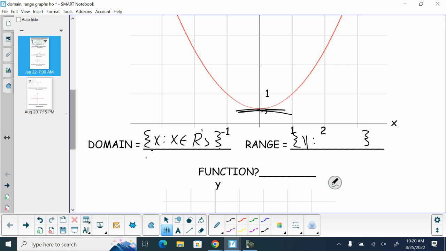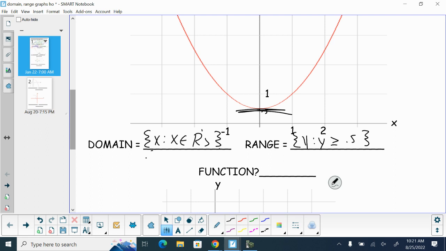Y starts here at 0.5. Then what? There you go. Such that y is greater than, and you know, is it 0.5, is it 0.49, is it 0.51? Nobody can tell. So if you have greater than, that's fine. If you have greater than or equal to, that is fine. Okay, y is greater than or equal to 0.5.